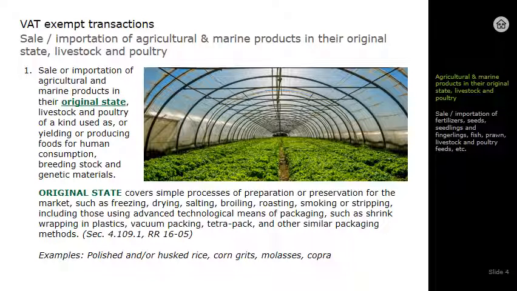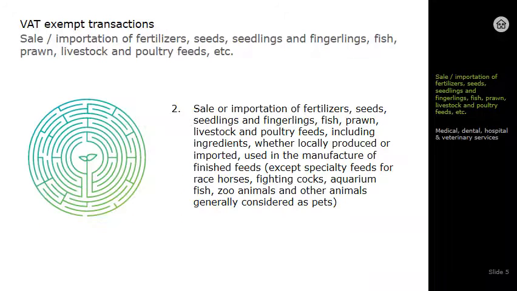Yan. Another thing to remember with this particular exemption is that for human consumption, no, breeding stock and genetic material. So, ang keyword natin dito, human consumption o yung mga nagbibigay ng pagkain. Yan. Okay, let's proceed to another item.